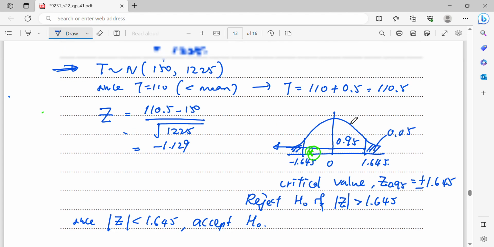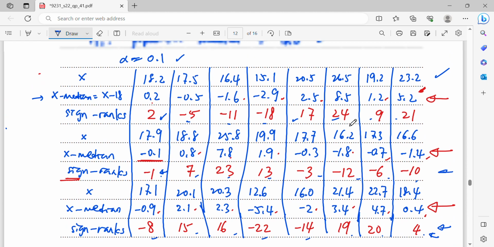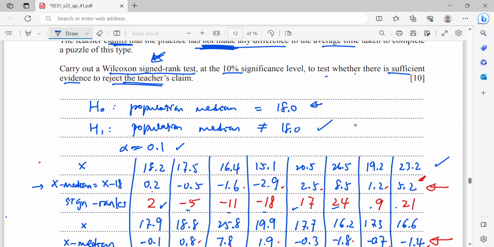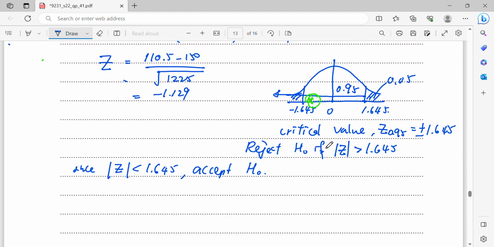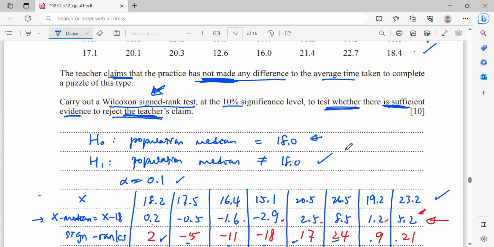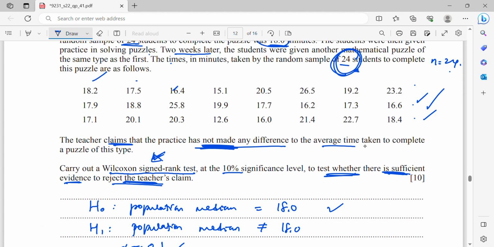For your conclusion, please refer back to the question. I want to test whether there is sufficient evidence to reject the teacher's claim. From the decision, it is accept H naught, which means that H naught is true. When H naught is true, you go back to the teacher's claim of no difference.